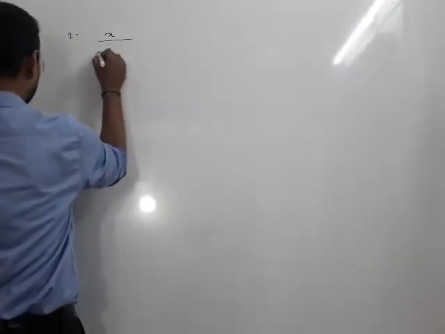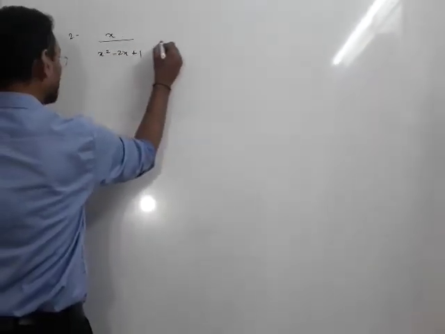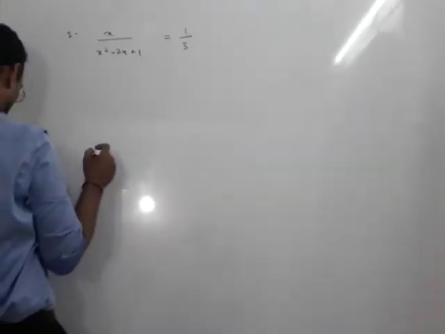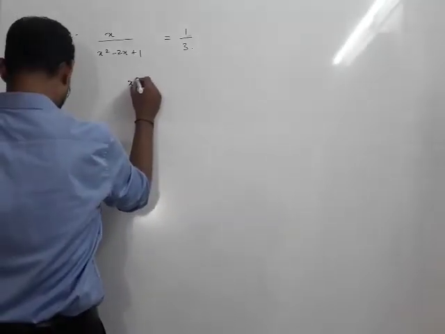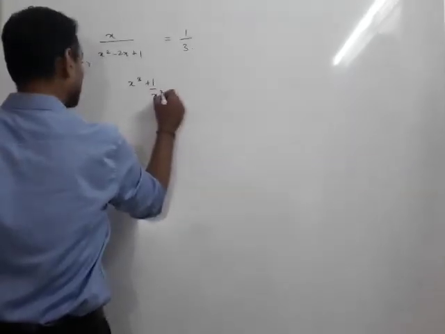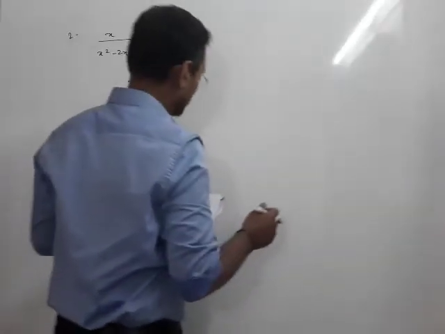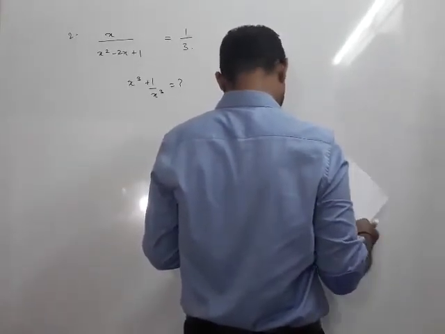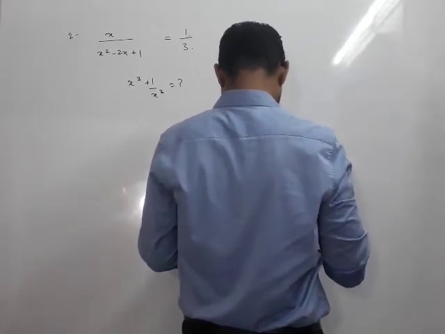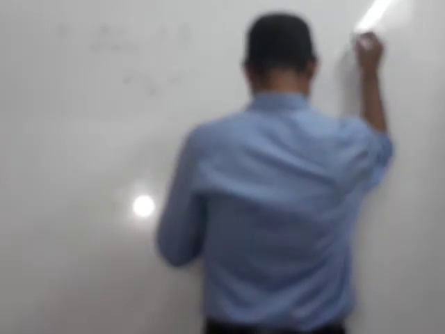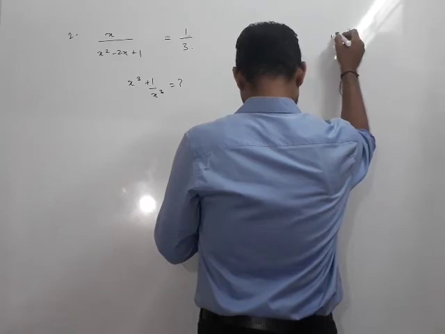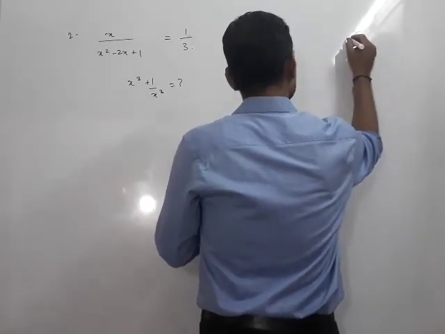x upon x square minus 2x plus 1 is given as 1 by 3. What they've asked for is x cube plus 1 by x cube.